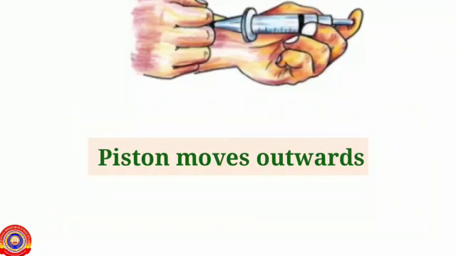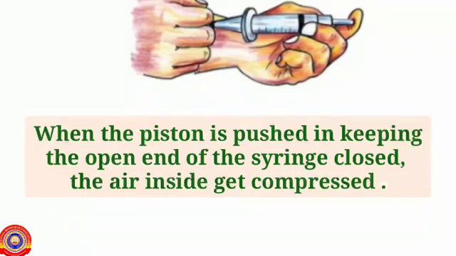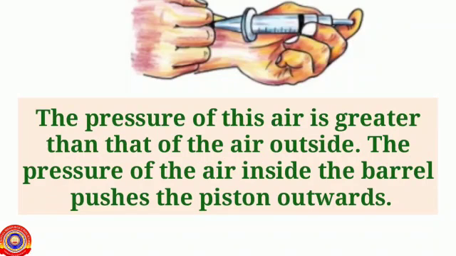What may be the reason? When the piston is pushed in, keeping the open end of the syringe closed, the air inside gets compressed. The pressure of this air is greater than the air outside. The pressure of air inside the barrel pushes the piston outwards.